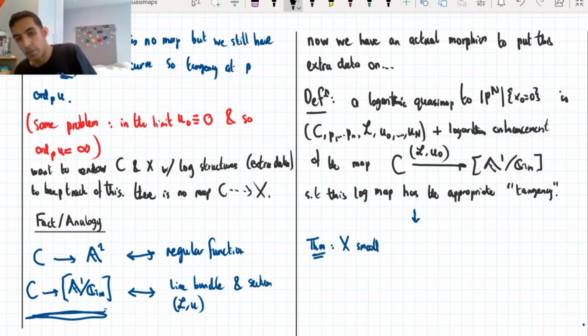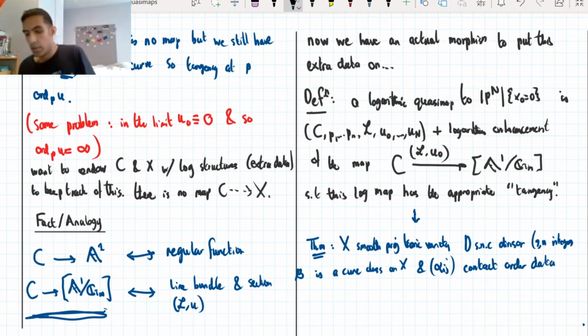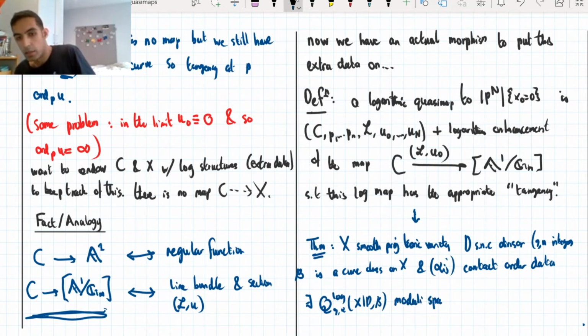Some generalization of this says that if X is a smooth projective toric variety and D is a simple normal crossings divisor, and g and n are integers, beta is a curve class on X, and alpha_ij is some contact order data, then there exists a moduli space parameterizing log Quasimaps, which is proper.